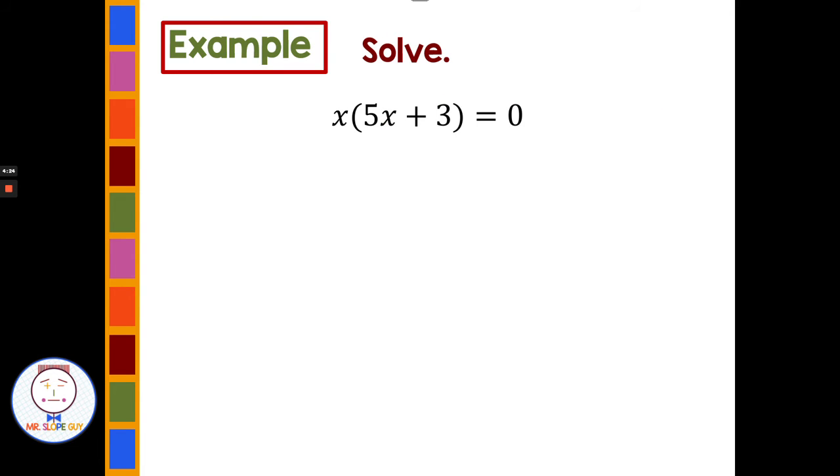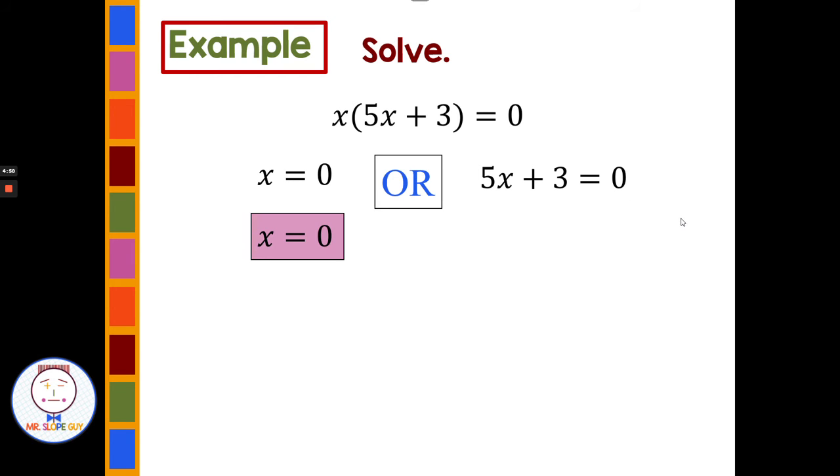All right, so let's say we have factored and we have the two factors of x times 5x plus 3. Now to solve, I'm going to take each part that has a variable and set it equal to 0. So I get x equals 0. It's already pre-solved, the easiest of all equations. And then the 5x plus 3, I also want to set that equal to 0.